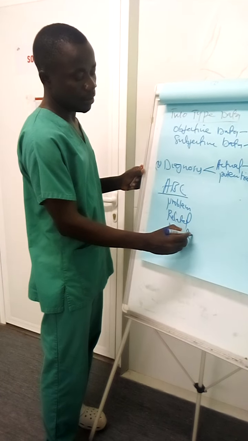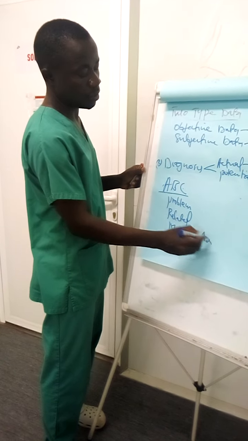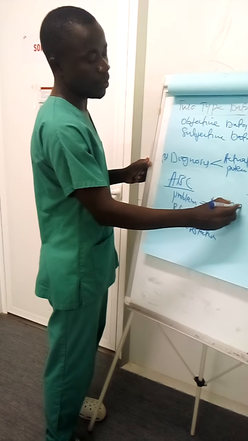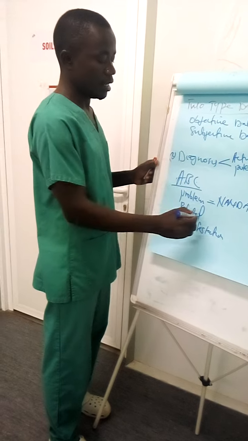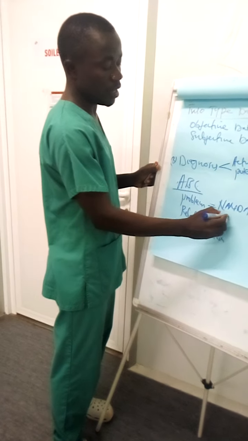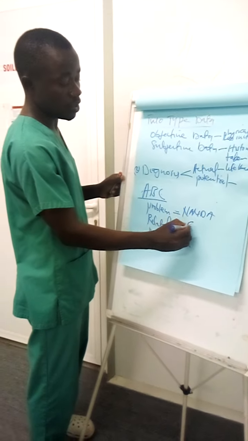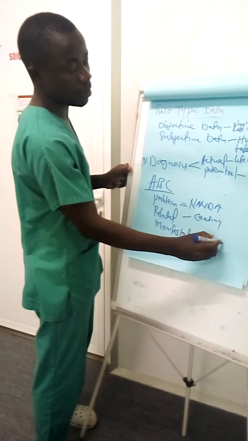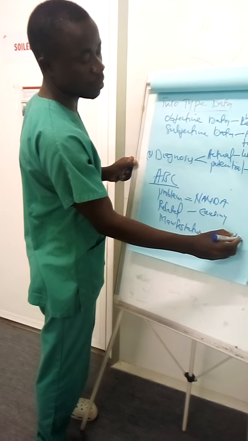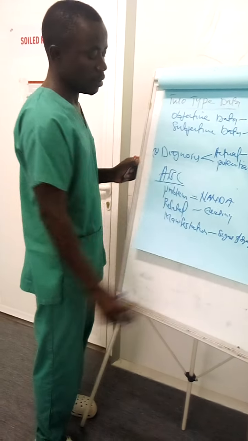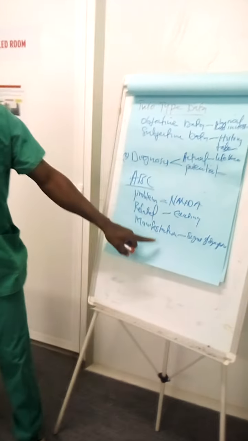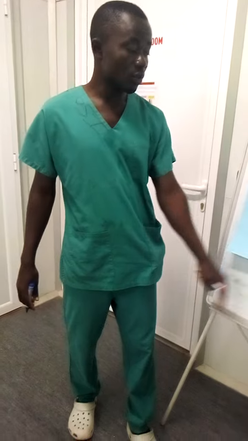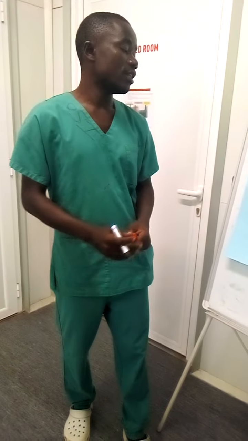These are the three things involved in nursing diagnosis. The problem, you are going to get from NANDA, the North American Nursing Diagnosis Association. The related cause is the pathology, or what is causing the problem. And the manifestation is the signs and symptoms, which prove it. If you have something like this, it is what you call the nursing diagnosis.